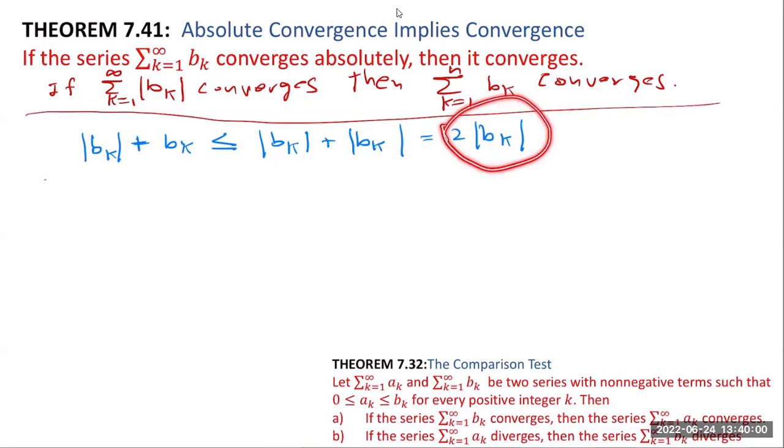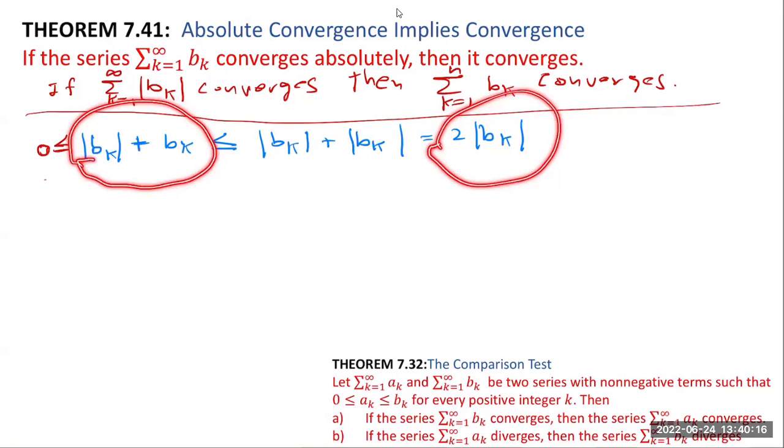But this term is bigger than or equal to this term. Let me write, this is greater than or equal to 0, of course. That means by comparison test, if the bigger series converges, this smaller series should also converge.